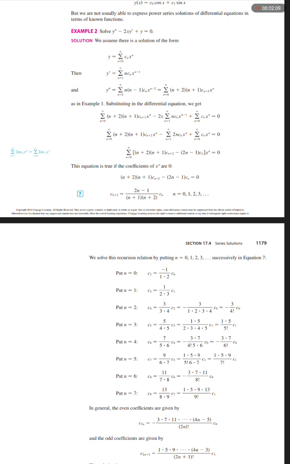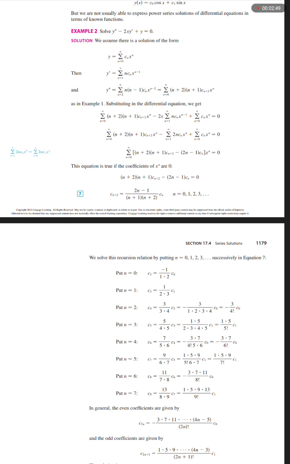The sum from n equals 0 to infinity of open n plus 2 close open n plus 1 close times c sub n plus 2 times x to the power n, minus the sum from n equals 1 to infinity of 2n times c sub n times x to the power n, plus the sum from n equals 0 to infinity of c sub n times x to the power n equals 0.